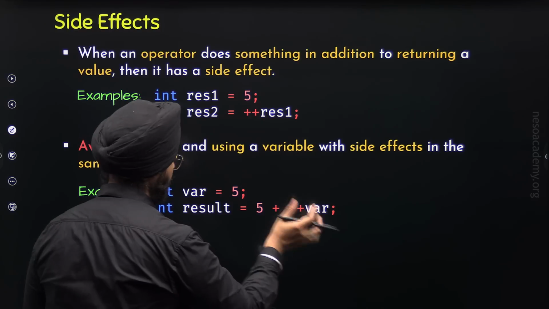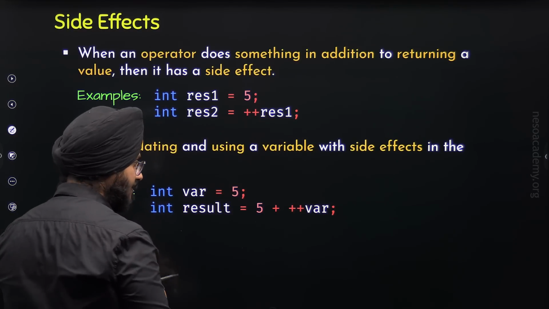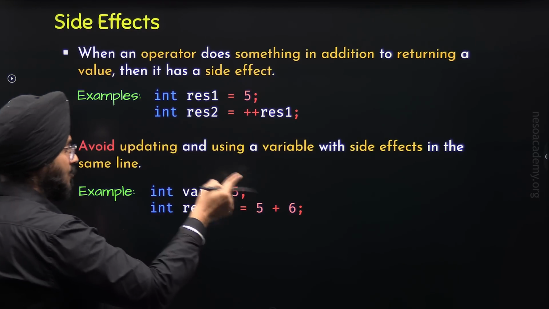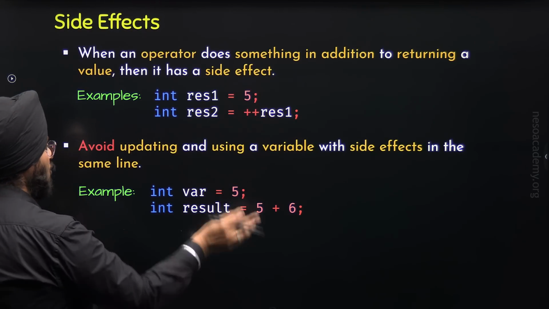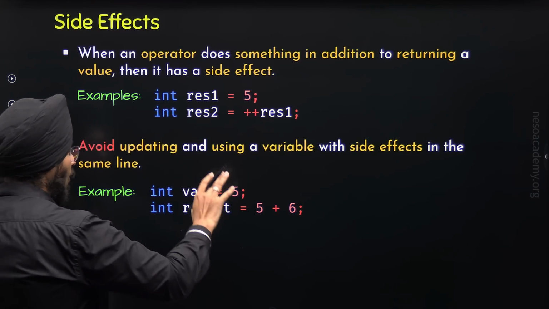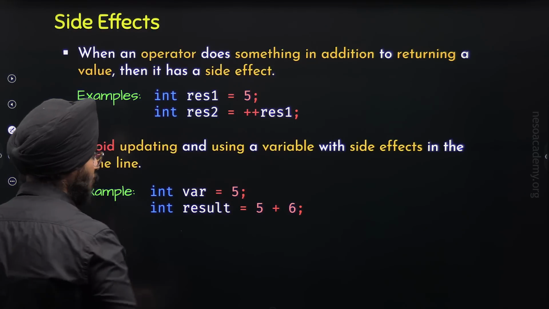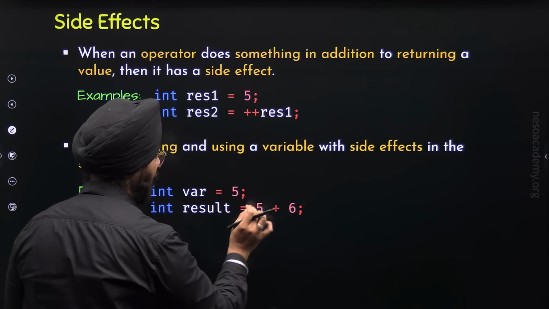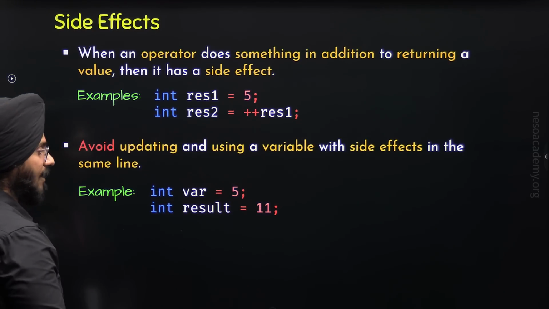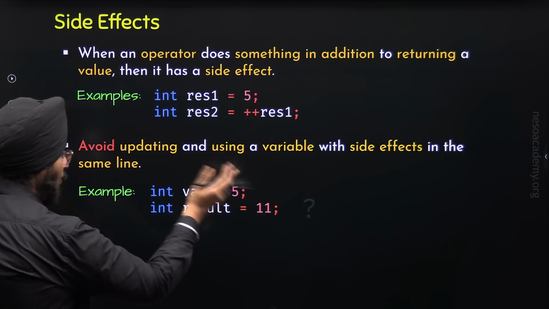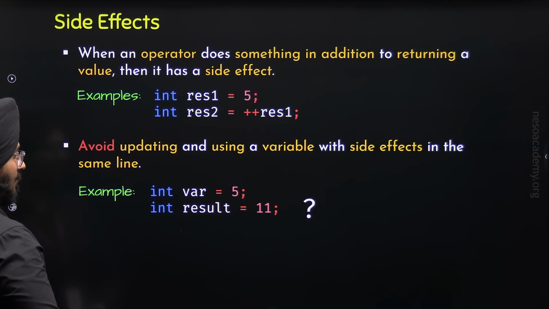And in place of ++var, we will get 6, because the pre-increment operator will increment the value of this variable var. So clearly we will get 6 here. So we have this expression 5 + 6, which is equal to 11. Now, do you think that the result variable will hold this value 11?